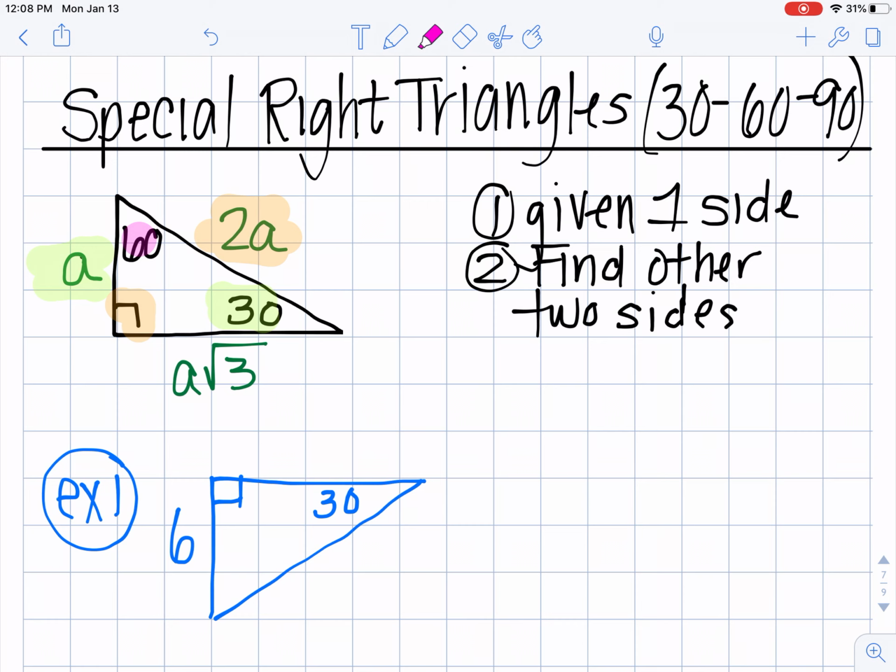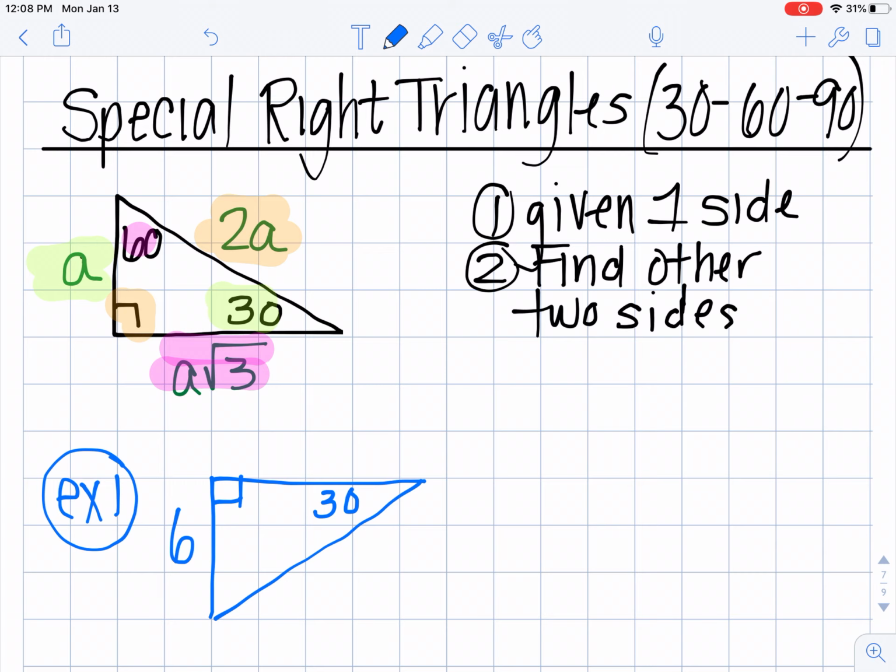And your 60 degrees is going to be your medium angle, which is going to be across from your medium side of the triangle, which in this case is A times the square root of 3. You'll notice that because each of these sides has an A in it, once you can find out what your A value is, then you can solve for the rest of the sides in the triangle.